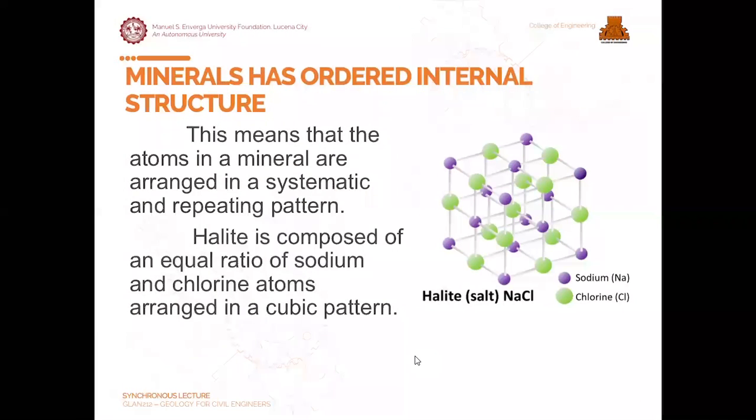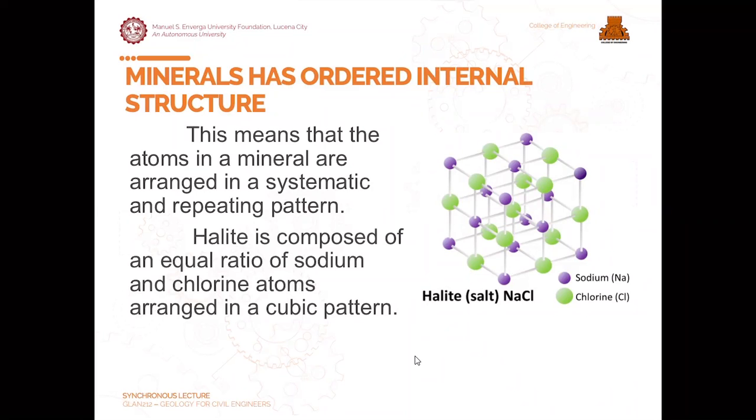Then last, minerals have an ordered internal structure. This means the atoms of the mineral are arranged in a systematic and repeating pattern. For example, again with rock salt, our sodium chloride, its structure is a cube where the sodium and chlorine alternate and repeat until they form a cubic arrangement pattern.